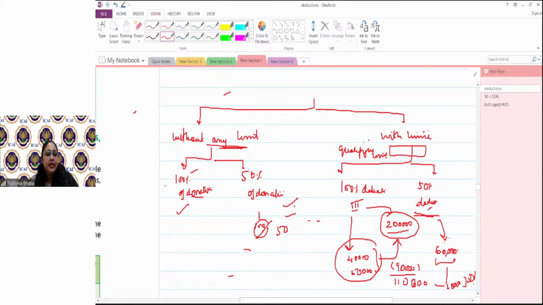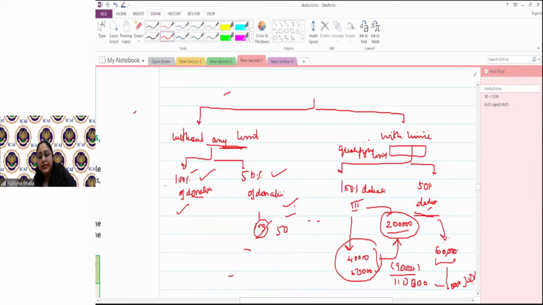So can I say the donations are of 4 categories. One is without any limit, flat 100% of the donation can be claimed, or flat 50% of the donation can be claimed as deduction. But this qualifying limit has to be calculated for the third and fourth category. Once the qualifying limit has been calculated, first I will exhaust the 100% category from that qualifying limit.